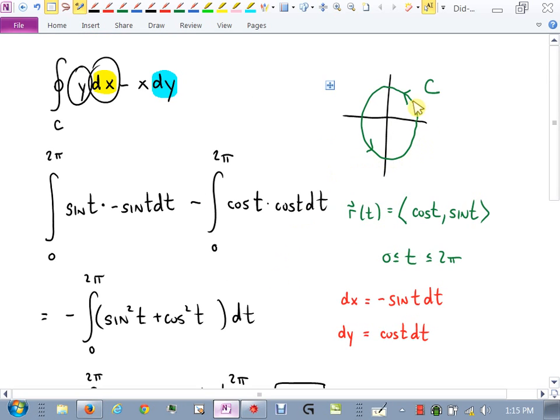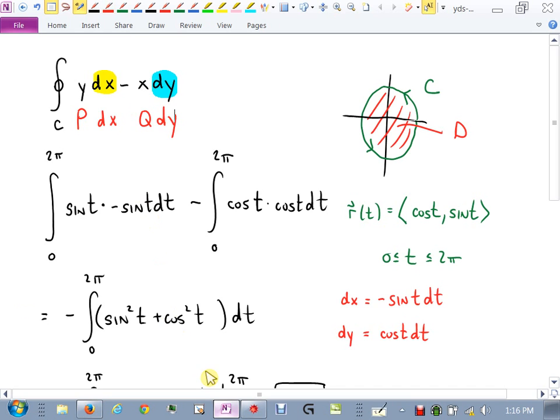Well, we have a closed curve, right? Positive orientation. Does it enclose a region D? Yeah, I could call this right here D, right? Do I have in my integral up here a P and a Q? Well, this is my P dx, and isn't this my Q dy? I have minus between them.